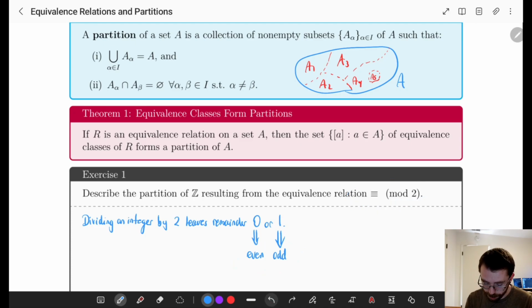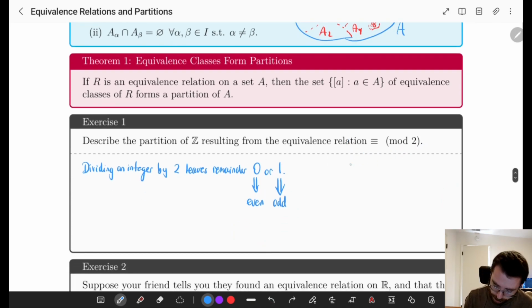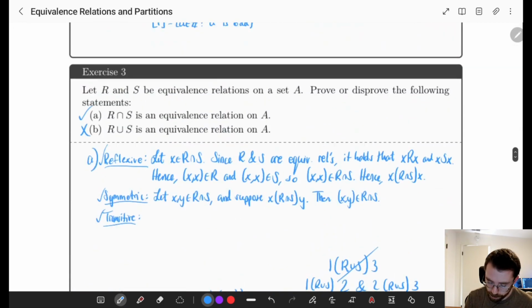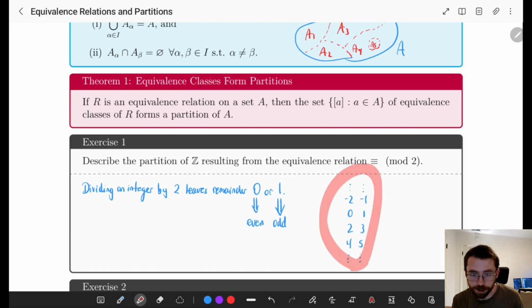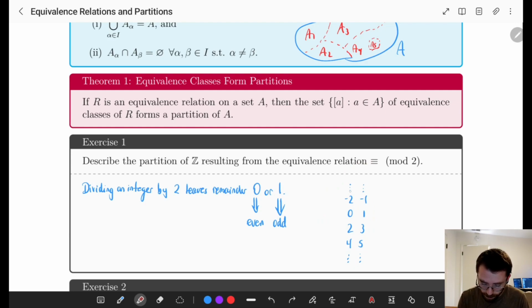This equivalence relation, I'll write it out, I suppose. You could have -2, -1. I'm going to do this in a sort of instructive way. 0, 1, 2, 3, 4, 5, ... This is a list of all the integers. Here are the evens, here are the odds.